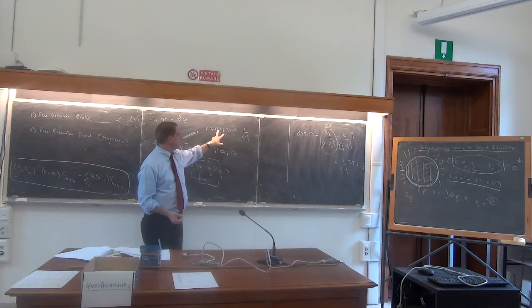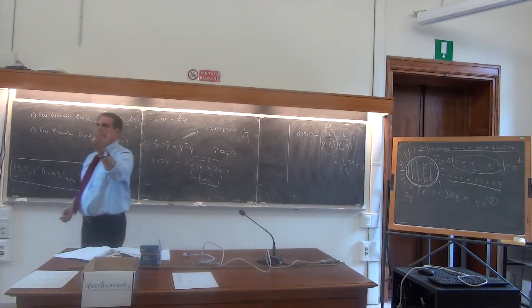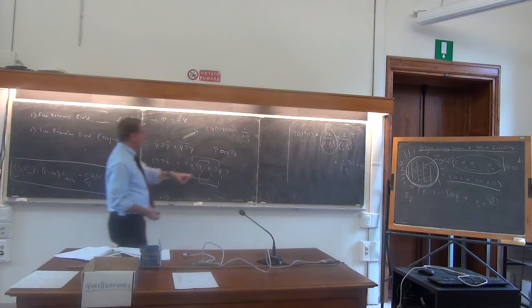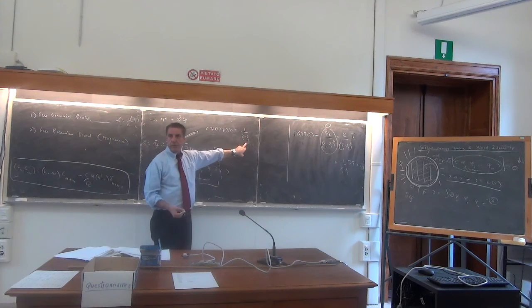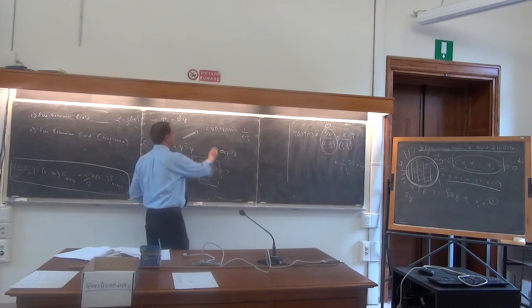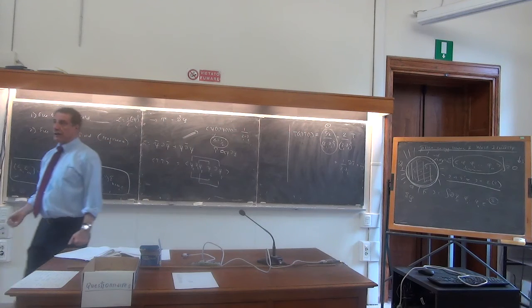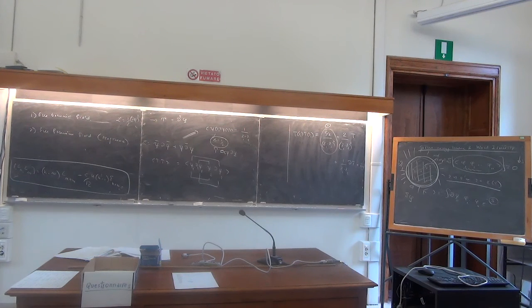Why? Because this object, if I interchange, has to change sign. So the propagator can only be an odd function, z1 minus z2. The simplest one is a simple pole, but a simple pole means that the anomalous dimension of this guy is 1/2. Which is correct. Okay? Being a fermion.